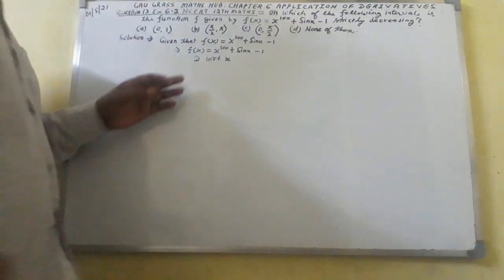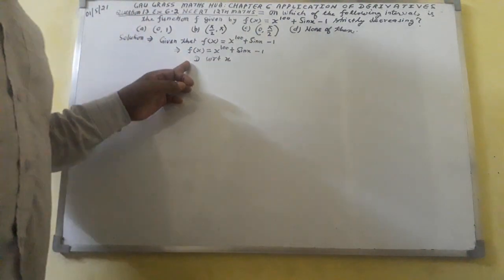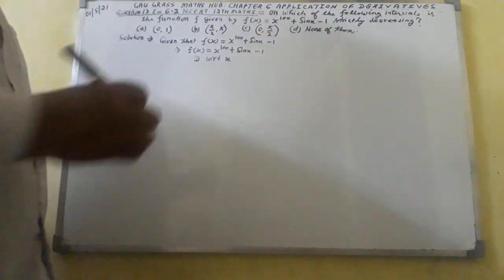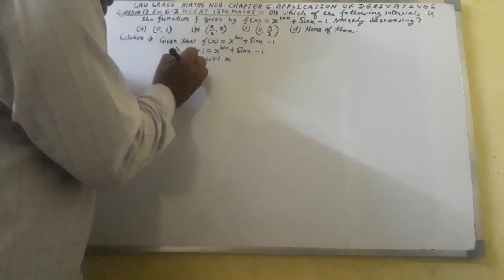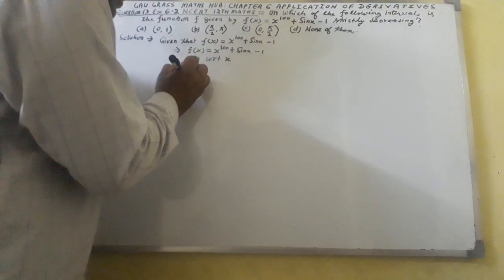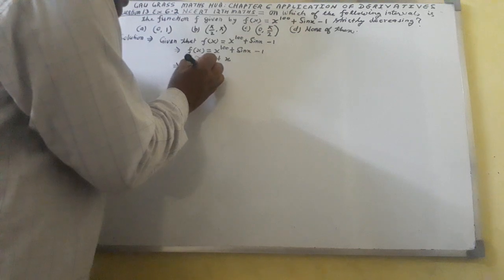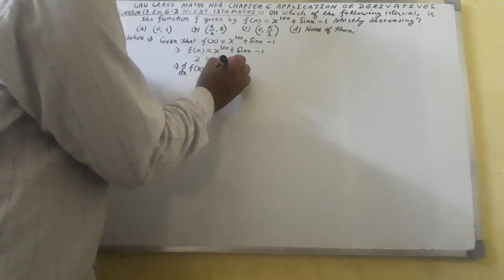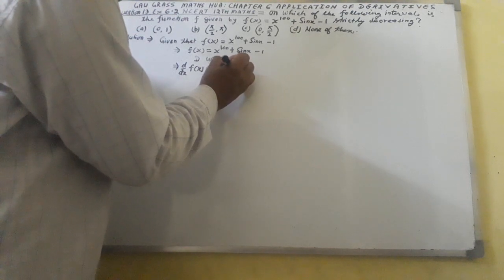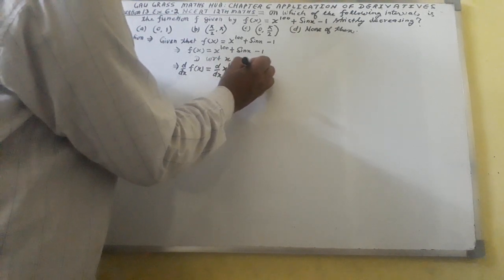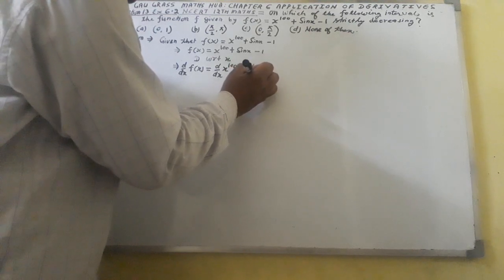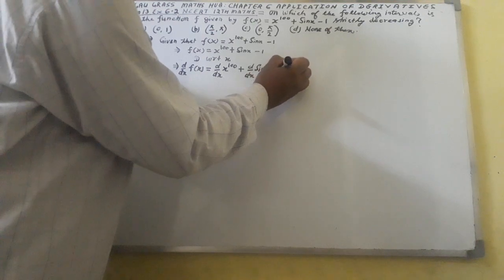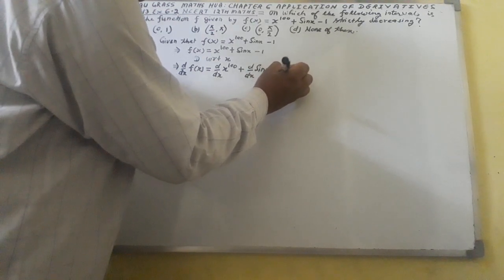Differentiating f of x with respect to x, we get d over dx of f of x equal to d over dx of x raised to the power 100 plus d over dx of sin x minus d over dx of 1.